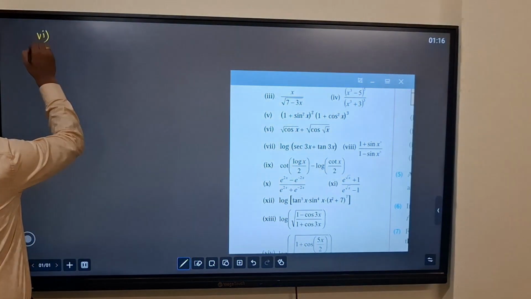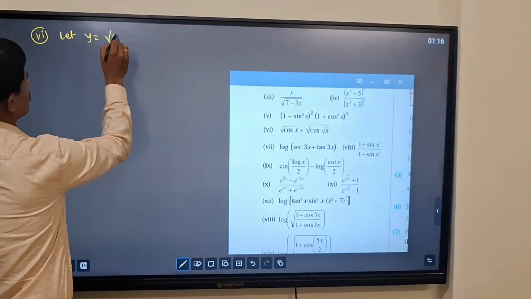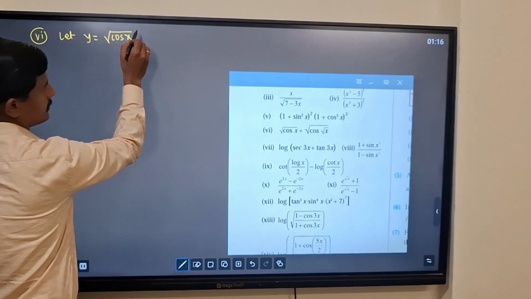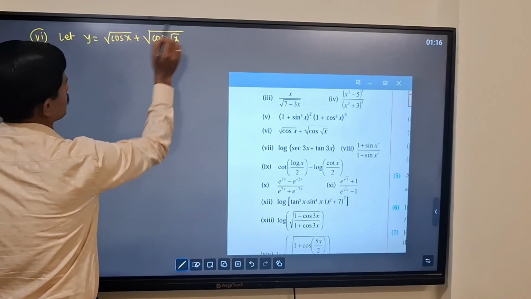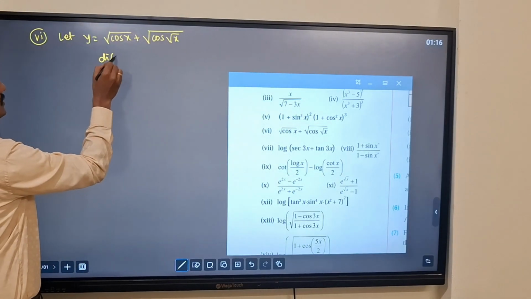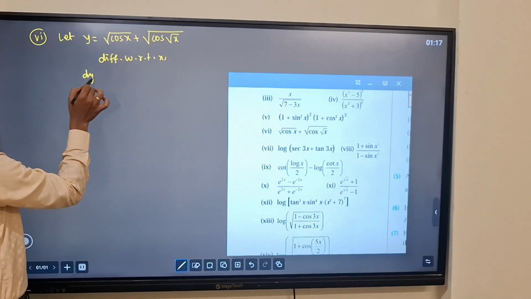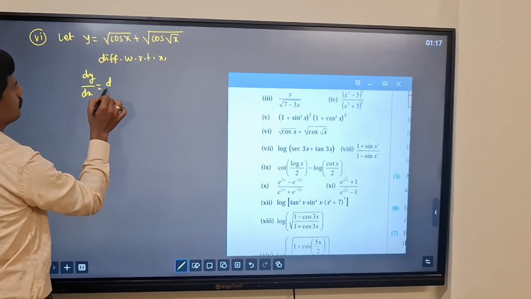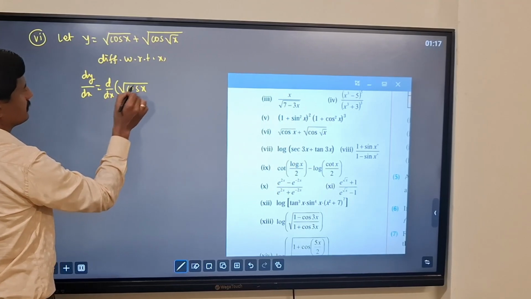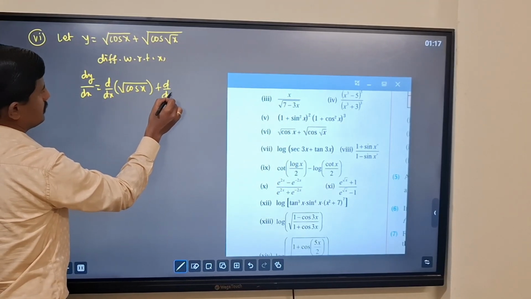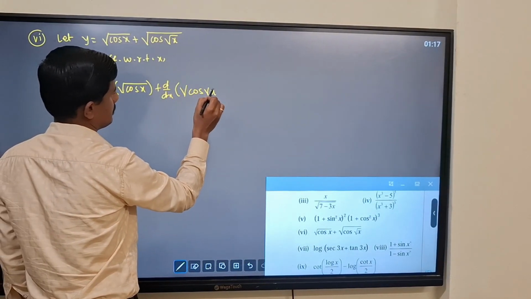Sixth one. Let y equal to root cos x plus root cos of root x. Differentiate with respect to x. dy by dx is equal to d/dx of root cos x plus d/dx of root cos of root x.